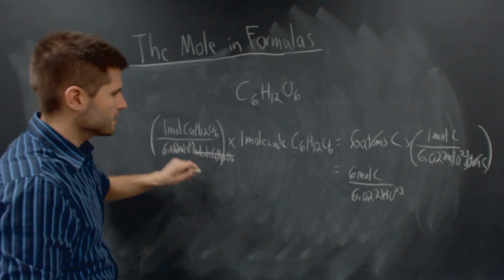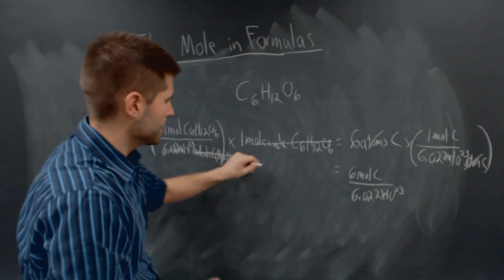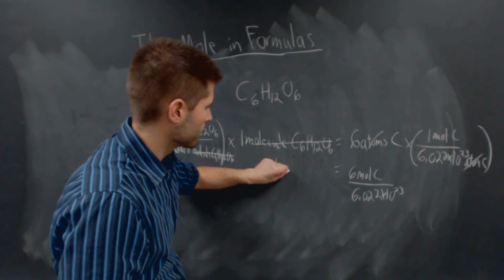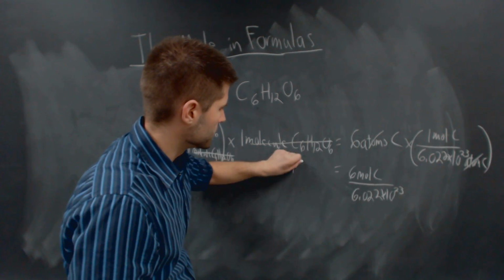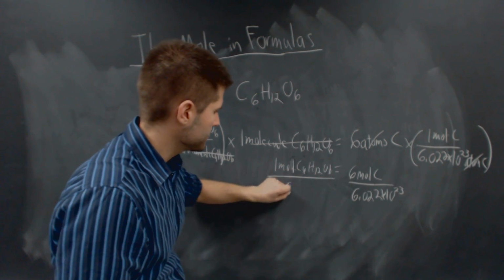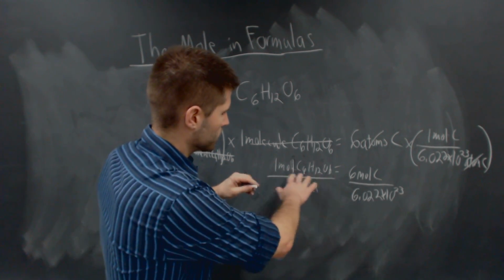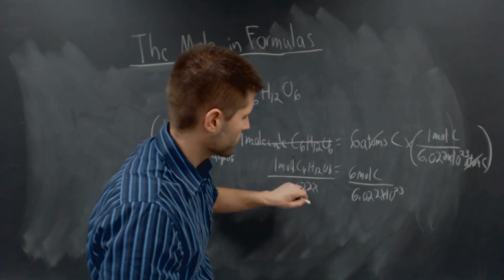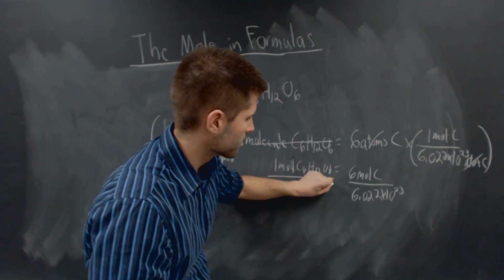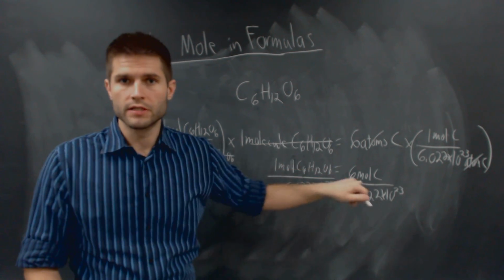Here, the molecules of glucose are going to cancel, and what we're going to end up getting is for every 1 mole of C6H12O6, there are 6.022 times 10 to the 23rd molecules. So in this case, we knew that the molecules canceled, so we have this relationship.